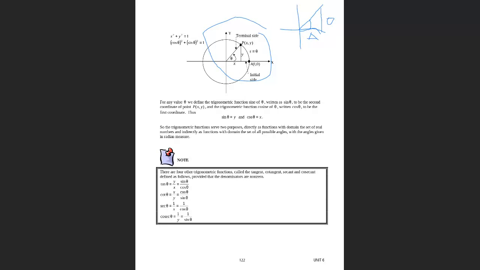Then I use SOHCAHTOA. We can find sine, cos, tan. Sine is opposite over hypotenuse, and here will obviously be the hypotenuse. So sine is opposite over hypotenuse, cos is adjacent over hypotenuse, and tan is opposite over adjacent.